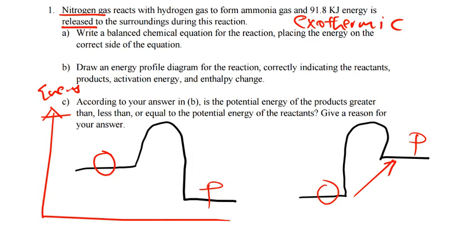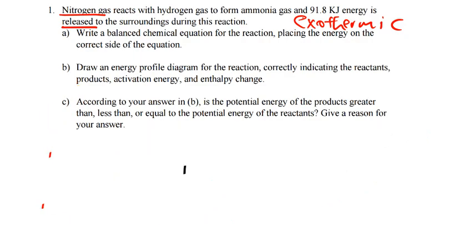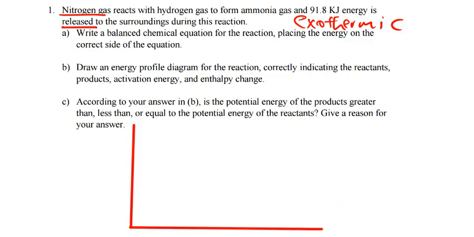Okay, so in this reaction, what kind of reaction do we have? Do we have an endothermic or exothermic reaction? The reaction we have is exo, implying that the energy of the reactants is going to be higher than that of the products. So we'll start somewhere up like that. This is now where we've got our reactants. What do we have as reactants? We've got nitrogen reacting with hydrogen.